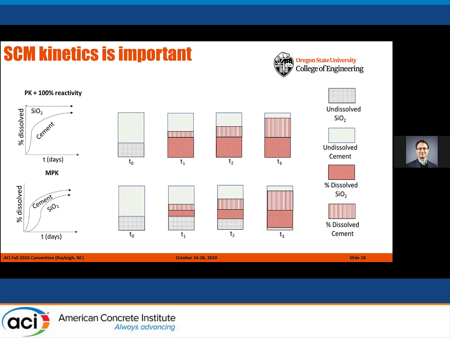If we assume that 100% of an SCM is reactive, that means it is going to be available for reaction from the beginning. So the time-dependent properties of that reaction are not going to be accounted for. But if you also consider the SCM to be time-dependent in terms of its reactions, you can take care of the time-dependent properties of the reaction. So that's why kinetics is important.